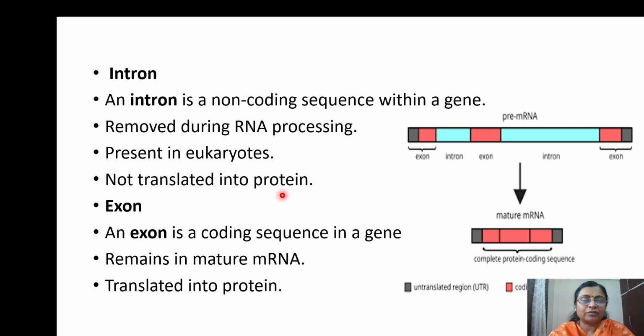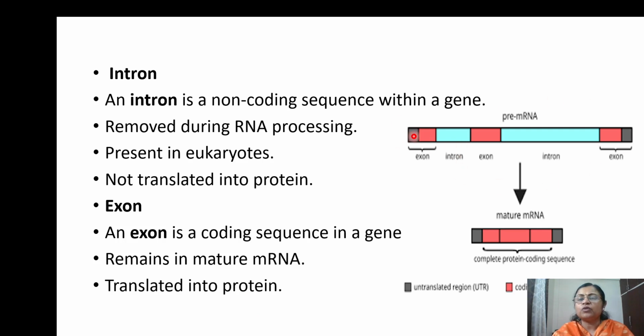Now the exon is a coding sequence in the gene. It is the functional or coding sequence in the gene which remains in the mature mRNA. And then these exons, when expressed, are translated into proteins.